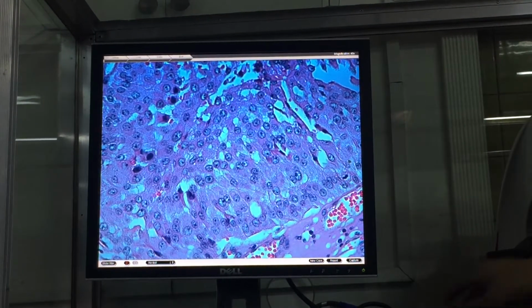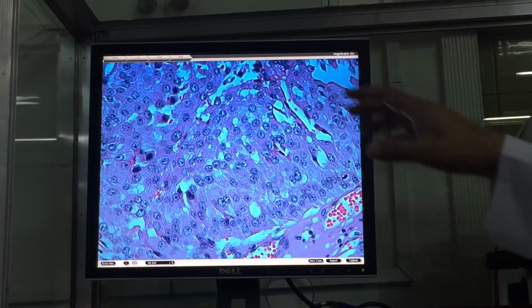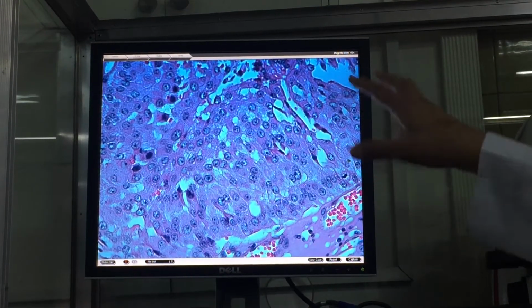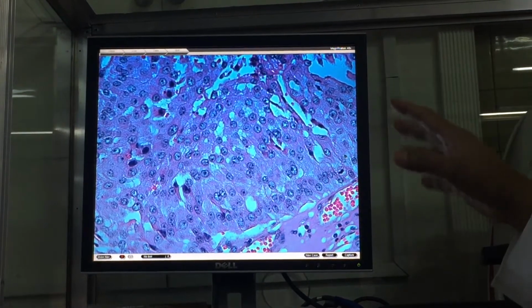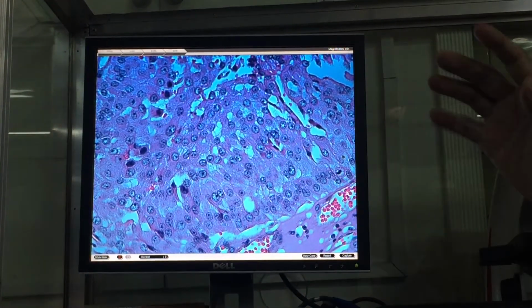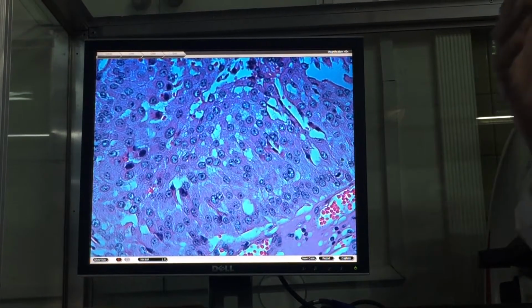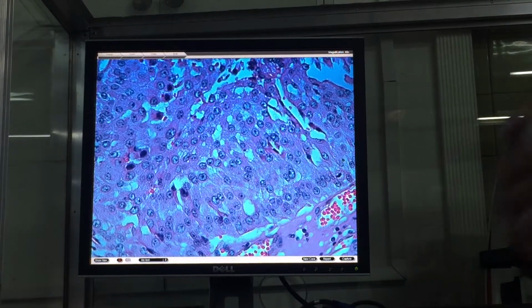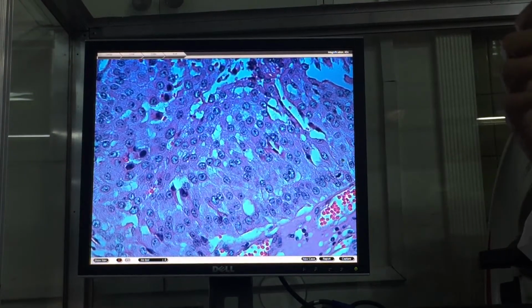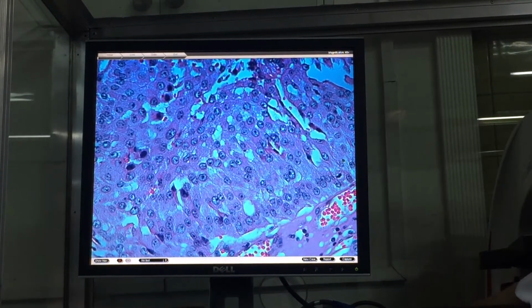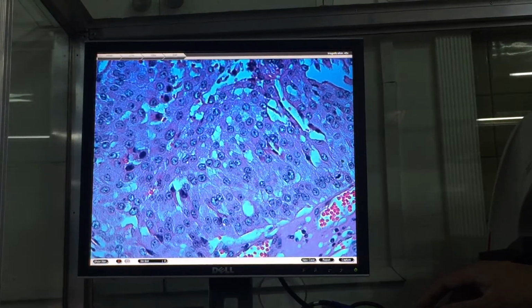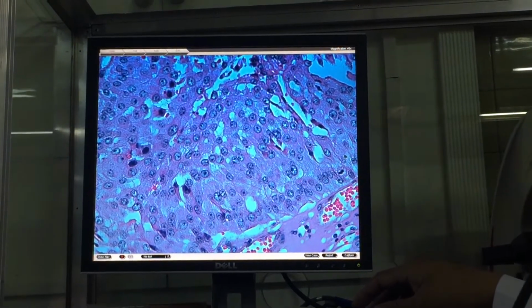In low grade, you can still see that it resembles the transitional epithelium. But in high grade, you will see more pleomorphism, more mitosis. Hindi mo na siya makikilala. You will not know that the cells originate from transitional epithelium.